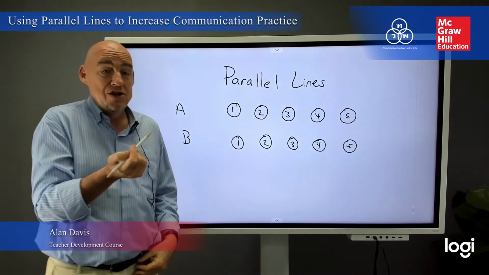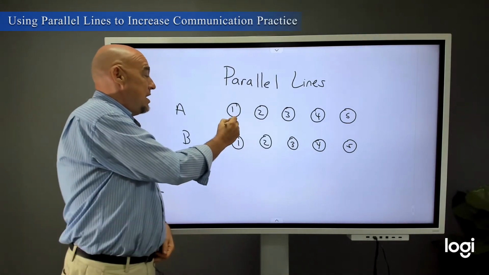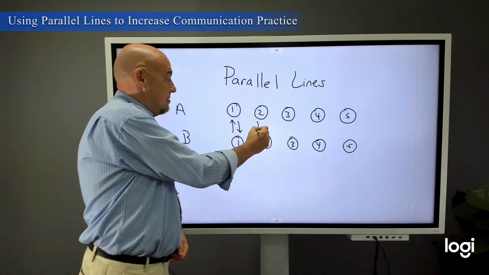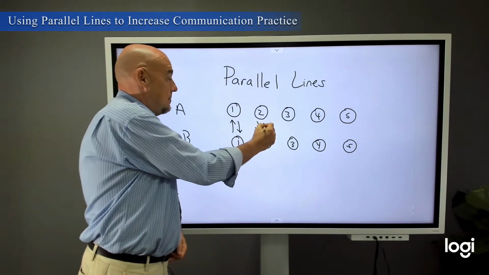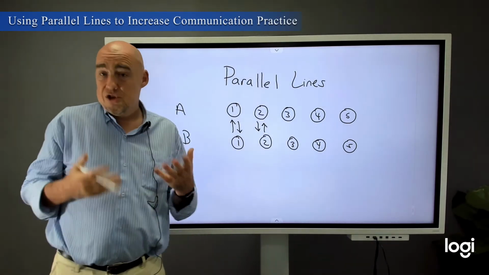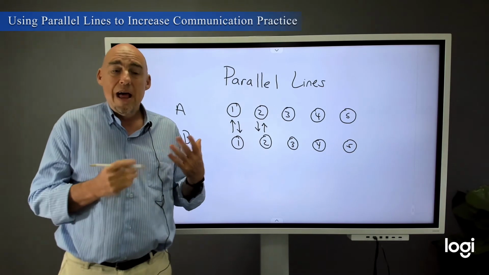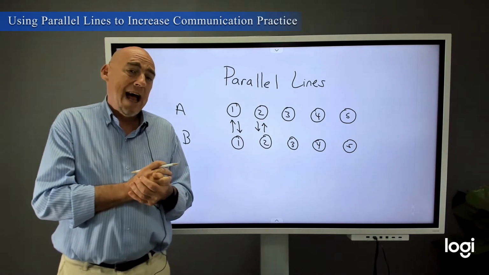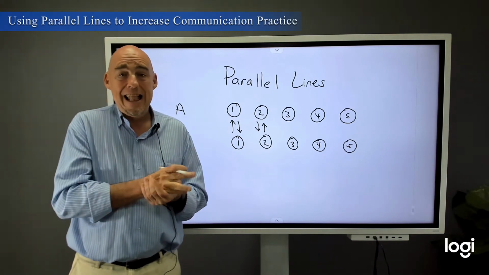Okay, so I have my 10 students. I want my students to talk to each other, so they're going to be facing each other. Now, it depends on what I want my students to talk about as to how long I give them to talk. Now, like I said, I can do this with a beginning class.